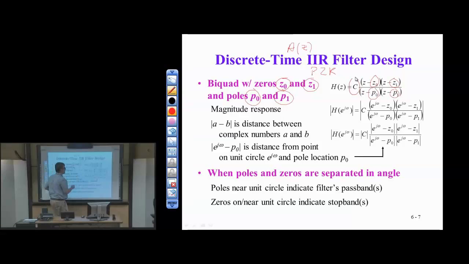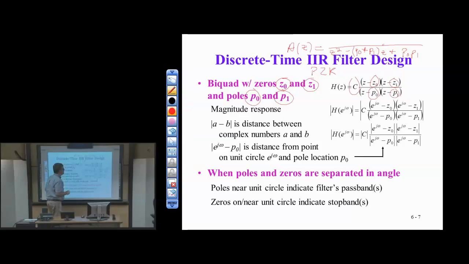If we push through the terms here, in the denominator we get Z squared minus (P0 plus P1) times Z, plus P0 P1. That's your denominator. In the numerator, the C can be carried through.